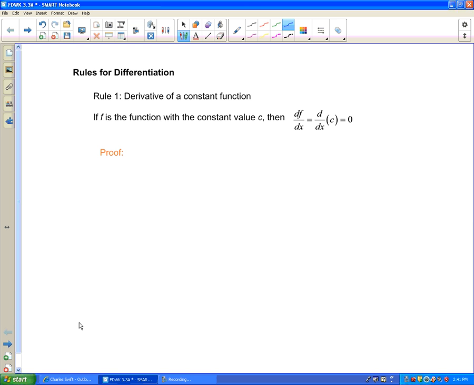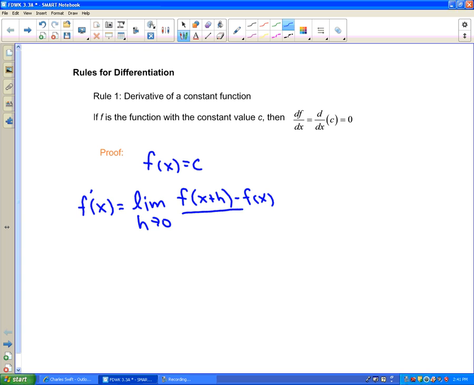So here, the derivative of a constant function. If f is the function with the constant value c, then df/dx, which is equal to the derivative of c, is going to equal 0. So we're starting here with a constant function, f of x equaling some value c. The definition of the derivative is equal to the limit as h approaches 0 of f of x plus h minus f of x, all over h.